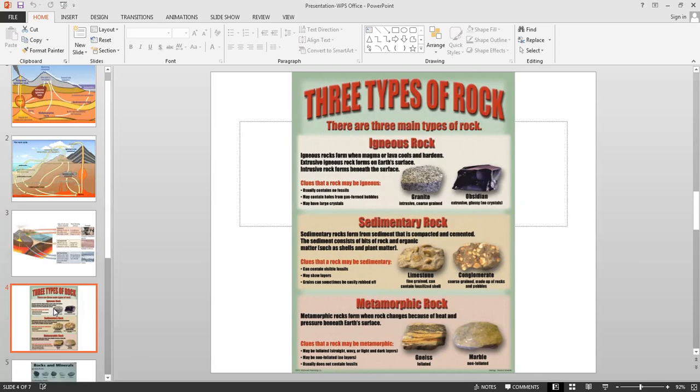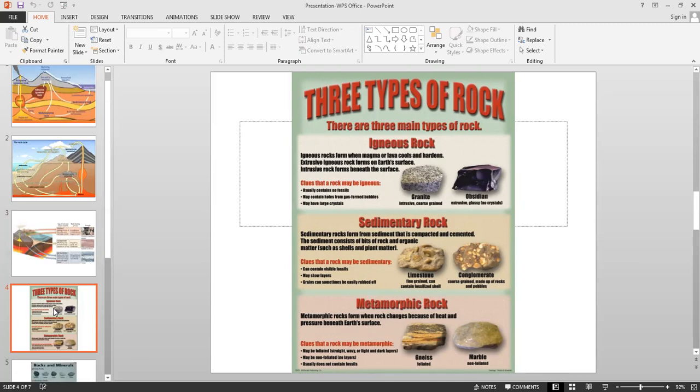Of igneous rocks, we have granite, and you can see how it looks.